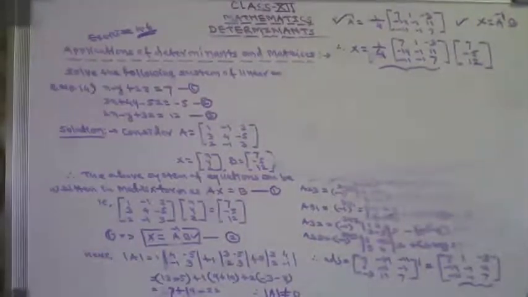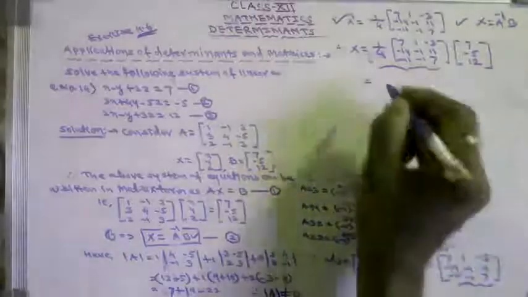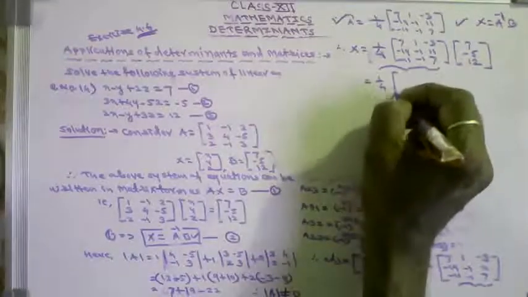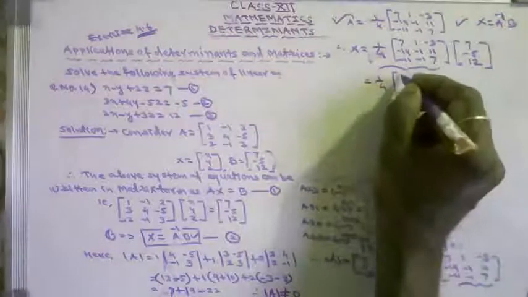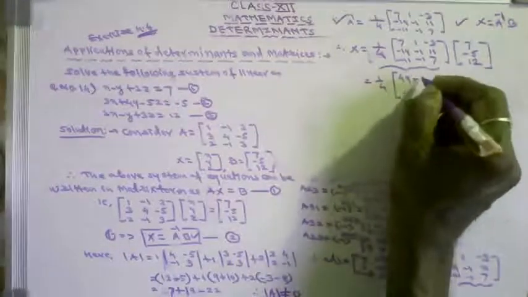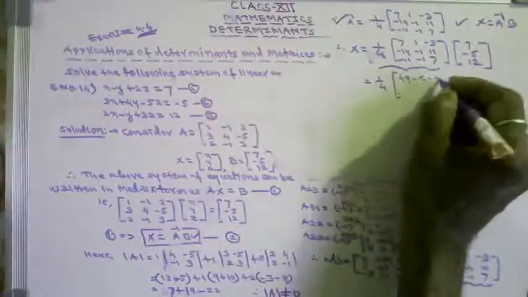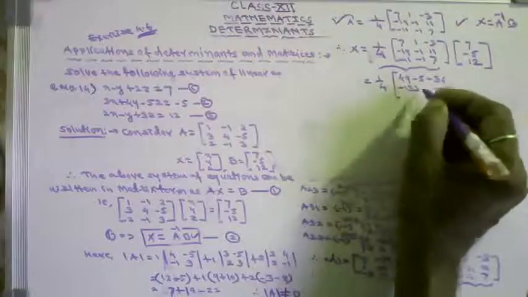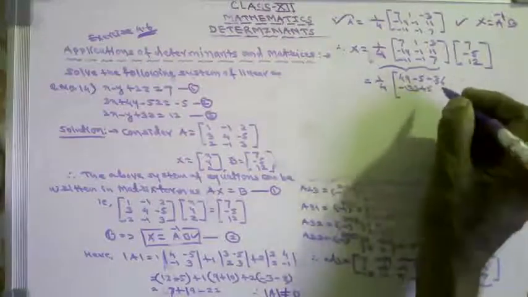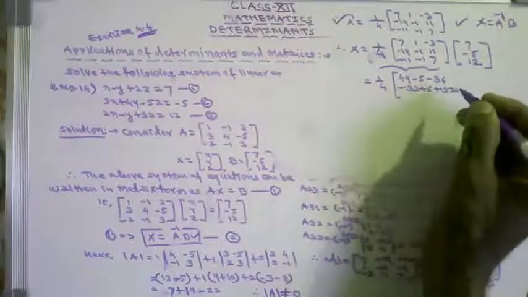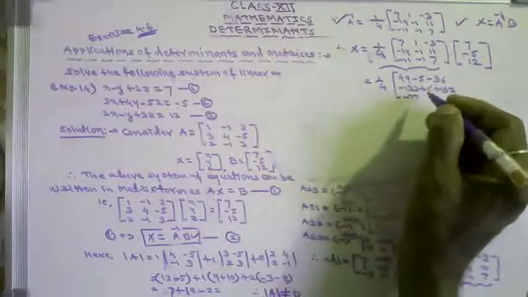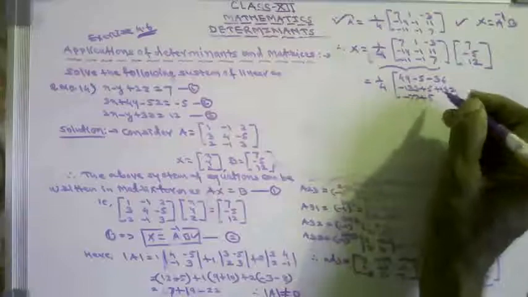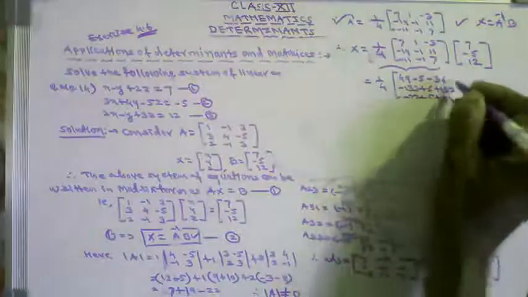Therefore this will be equal to 1 upon 4. Now we take the product. So this is 49 minus 5 minus 36, minus 133 plus 5 plus 132, minus 77 plus 5 plus 84. Take the product of these two matrices.